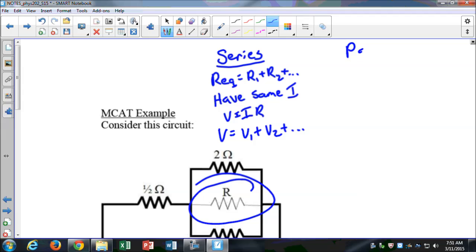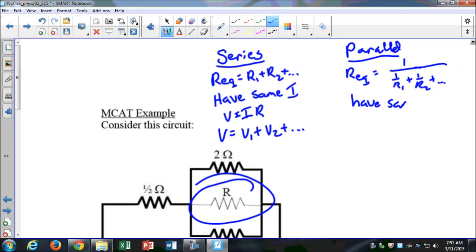And then for resistors in parallel, the equivalent is 1 over R1 plus 1 over R2. They have the same, what do they have the same of? No, not the same current. They have the same voltage. That was the same for capacitors. V equals IR.